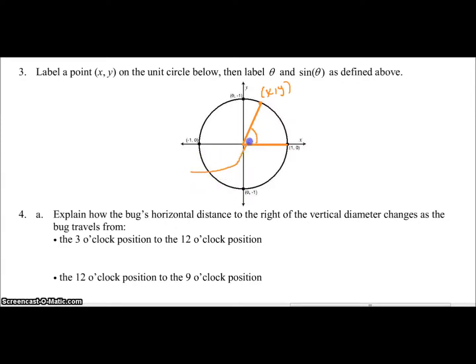So there's angle theta. And then sine of theta is simply this vertical distance here from the top to the bottom, or from the bottom to the top. But notice as theta changes, sine theta will also change. So as the input changes, the output, the vertical height, changes.